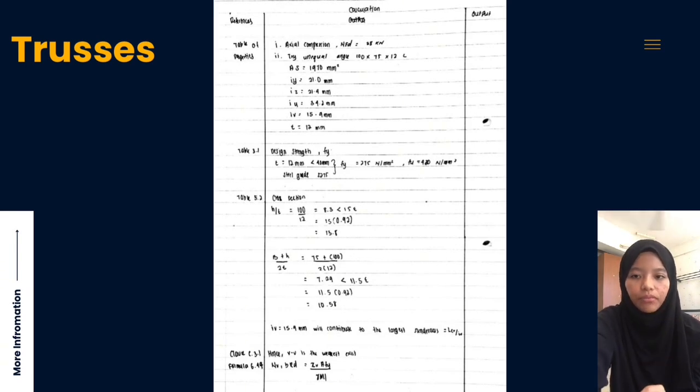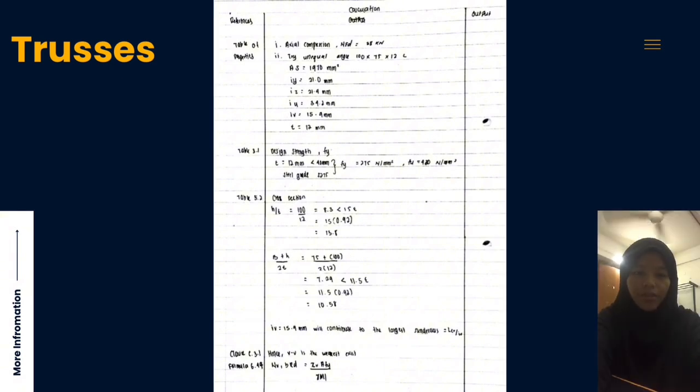Then the IV is 15.9 millimeter, which will contribute to the member slenderness equal to LCR over IV. So from clause 6.3.1, the V-V axis is the weak axis, and the formula that we use is 6.49, which is NBRD equals XV A Fy over M1.